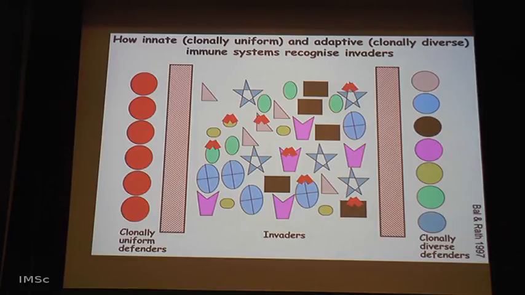That time is actually the most risky time, and that risky time is covered by these clonally uniform defenders, what we call components of the natural immune system or innate immune system. They will provide protection for the first few days after the exposure.